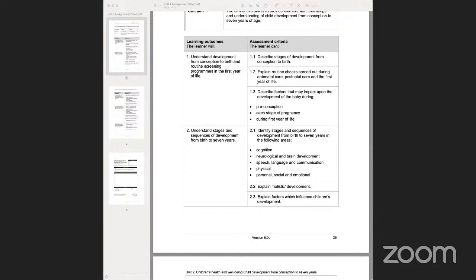So those are the bits that we'll look at very briefly in terms of the third assessment criteria, which is to explain the factors which influence the child's development.